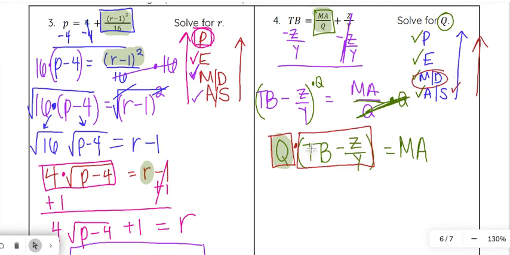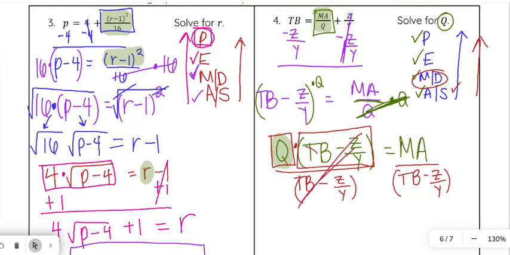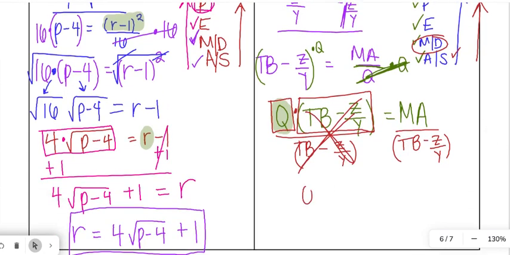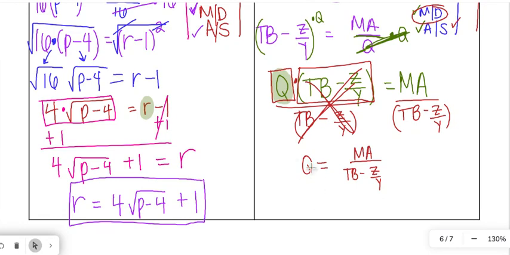So we're going to get rid of that times TB minus Z over Y by dividing by that TB minus Z over Y. And if we divide by that, it cancels itself out over here, and we just have Q equals, and then MA is on top over TB minus Z over Y. And so now we have Q by itself, and that's how we get Q isolated in this example.